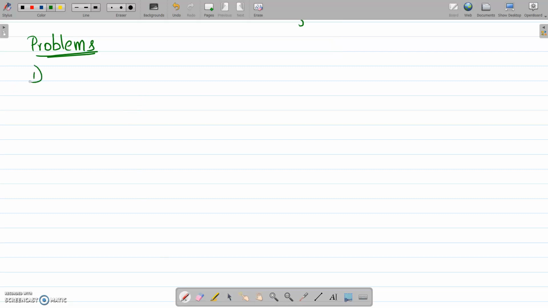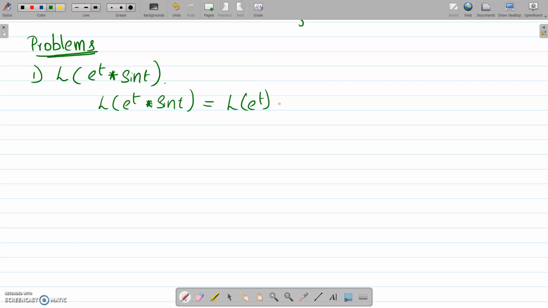First problem. Find the Laplace transform of e raised to t star sin t. Here, L of e raised to t star sin t is equal to the Laplace transform of e raised to t into the Laplace transform of sin t.